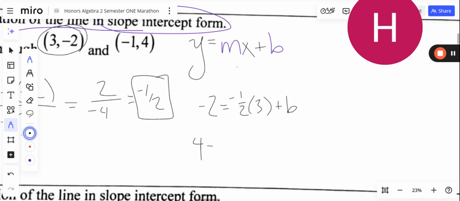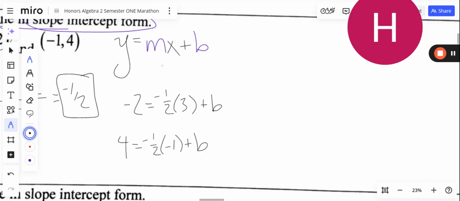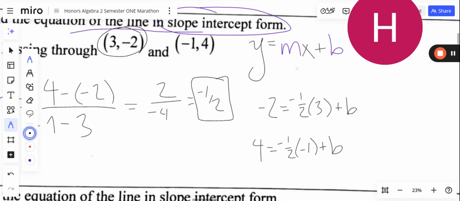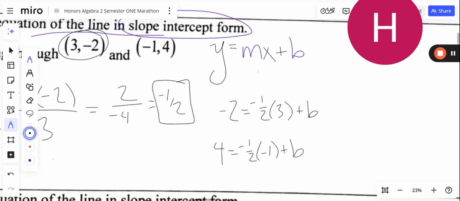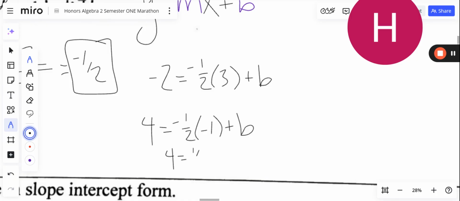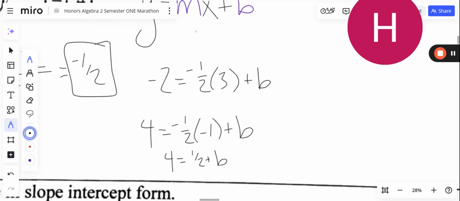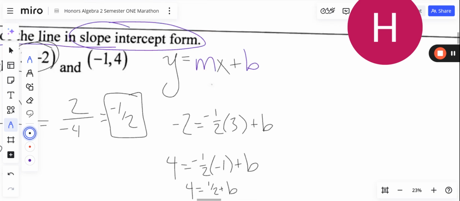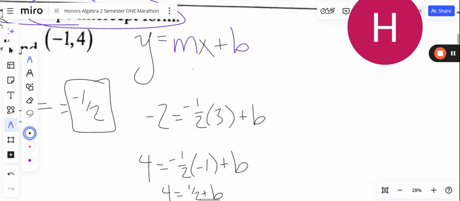Or if you wanted to say 4 equals -1/2 times -1 plus the b. Either way, you're going to get the same answer. Let's see here. Did I plug the -2 in correctly? Yeah, looks good. So this would just be 4 equals 1/2 plus b. Or this would be -2 equals -3/2 plus b.